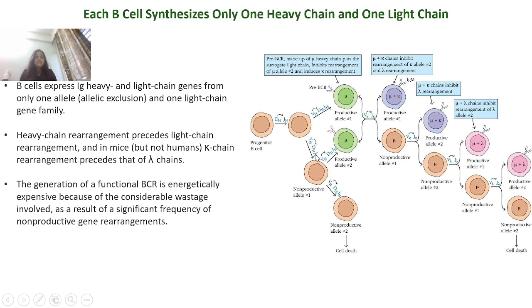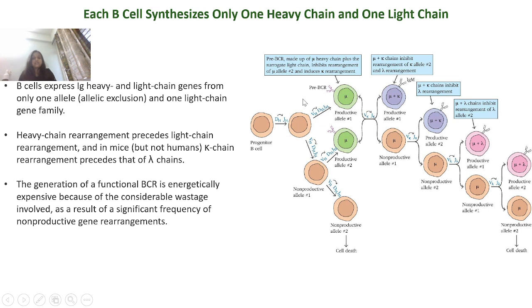And here you can see this VDJ, when it is joining, is forming a non-productive allele. The cell will again try to recombine, to correct itself and minimize the wastage, a second time. Here you can see again it is trying to recombine to form a productive allele, but again it is failing, it is forming a non-productive allele, and this leads to cell death.